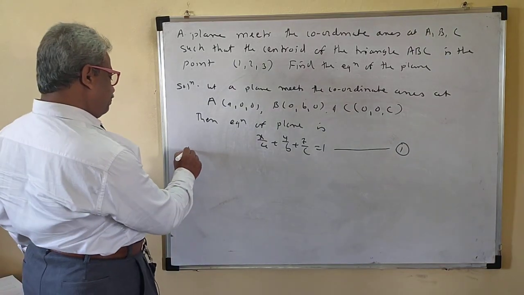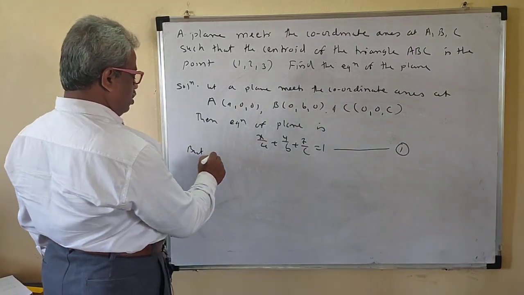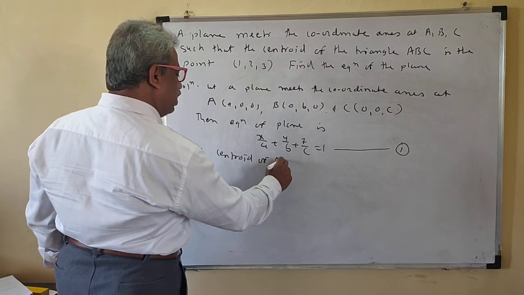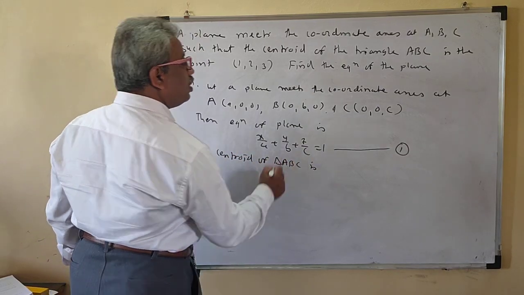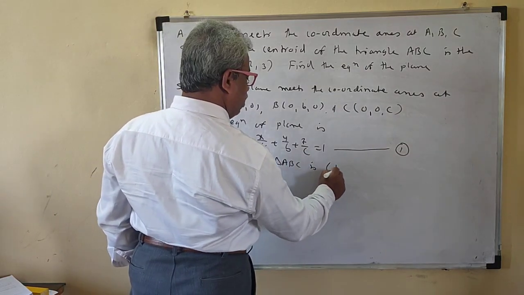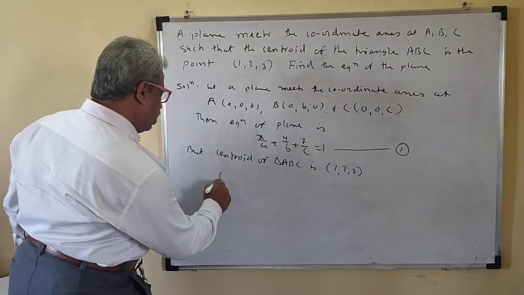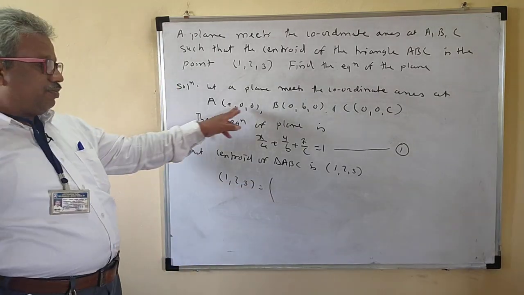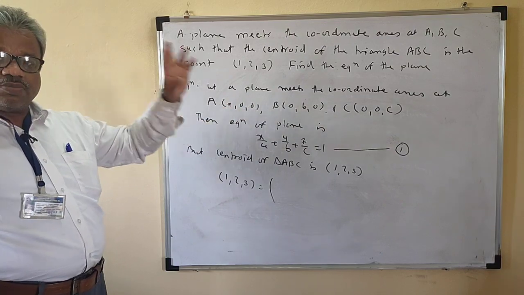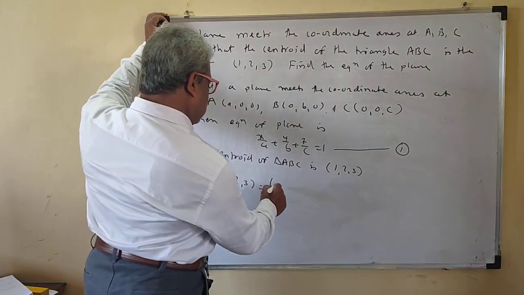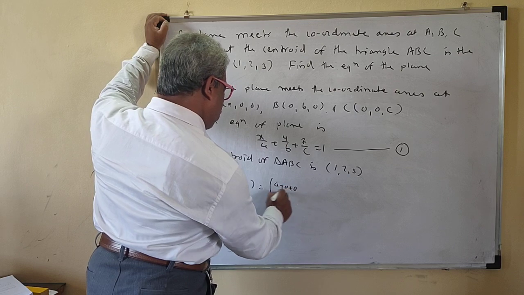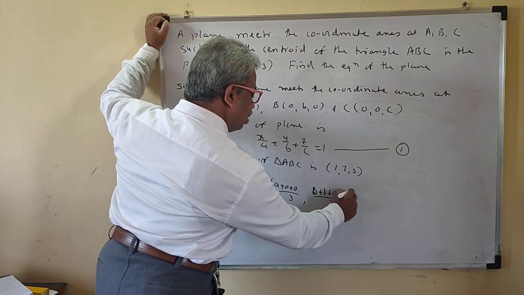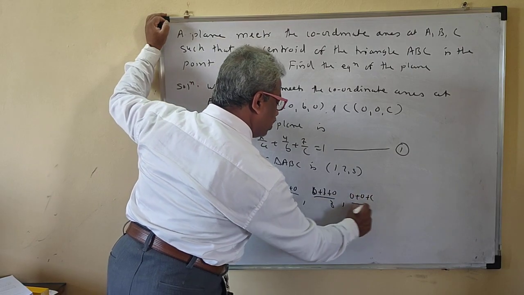But the centroid of triangle ABC is 1, 2, 3. So (1, 2, 3) is equal to the centroid. Centroid means the average of the x coordinates, the average of the y coordinates, and the z coordinates. That is (a plus 0 plus 0) upon 3, (0 plus b plus 0) upon 3, (0 plus 0 plus c) upon 3.